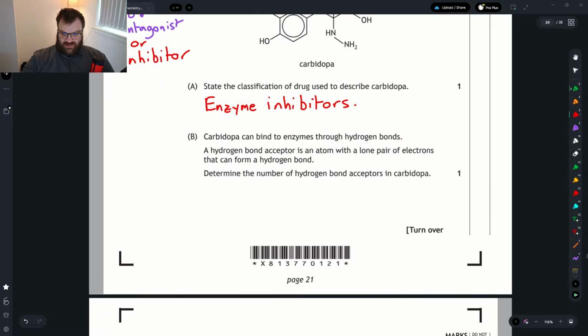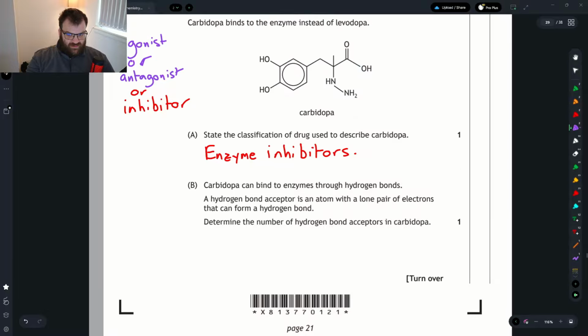Next one, we're asked about the hydrogen bonds. The hydrogen bond acceptor is an atom with a lone pair of electrons that can form a hydrogen bond. Determine the number of hydrogen bond acceptors in the carbidopa. So something we need to think about is we need to go back and think about when we were doing the electron arrangements back in the day.